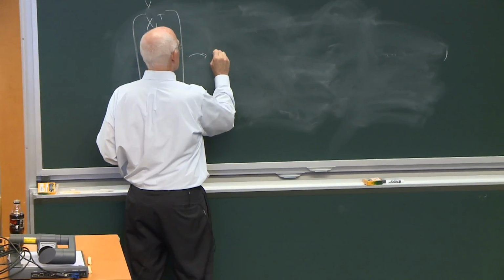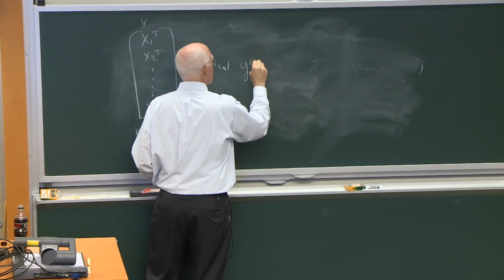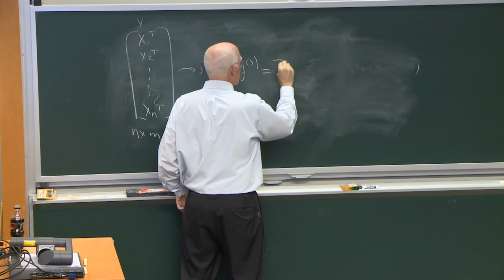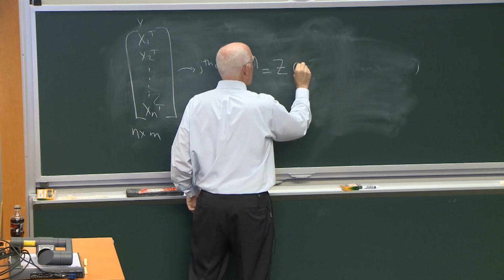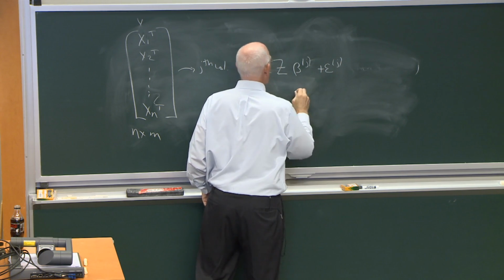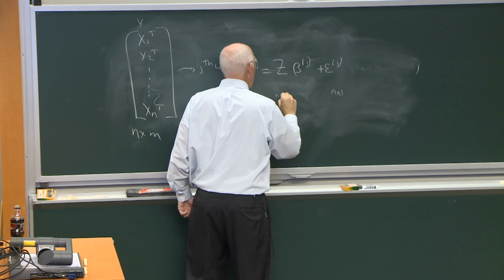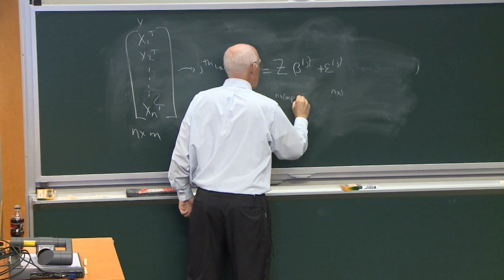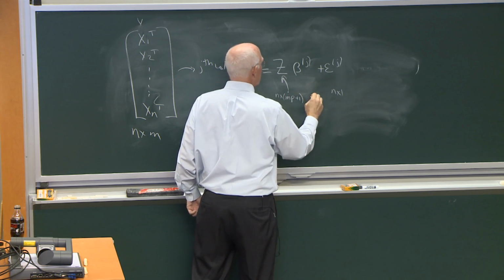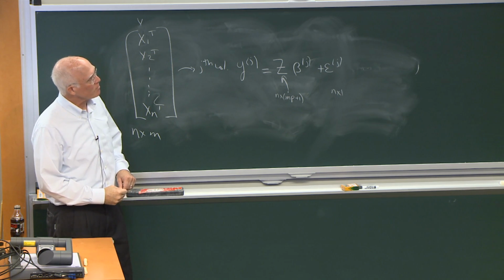Basically, if the jth column is y^j, we're modeling that to be equal to this matrix Z times beta^j plus epsilon^j, where this is n by 1, this is n by mp plus 1, and this beta^j is the mp plus 1 regression parameter vector.